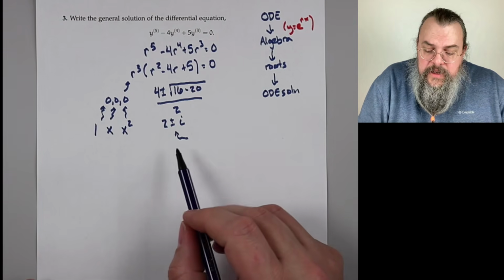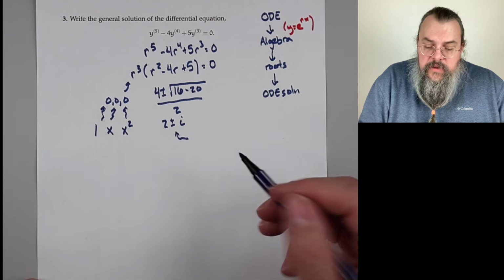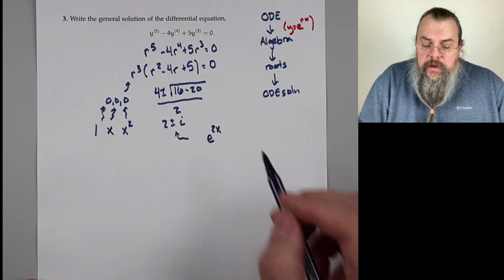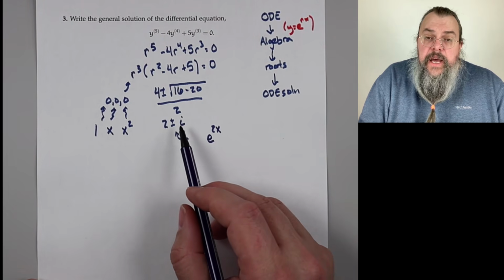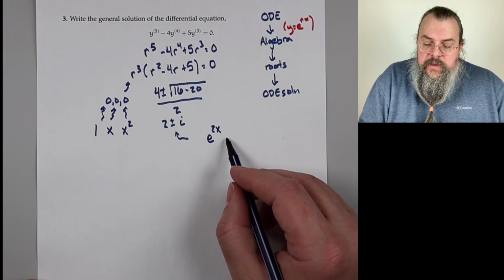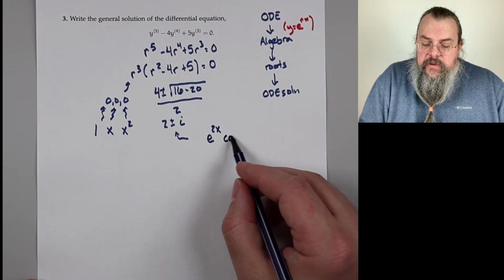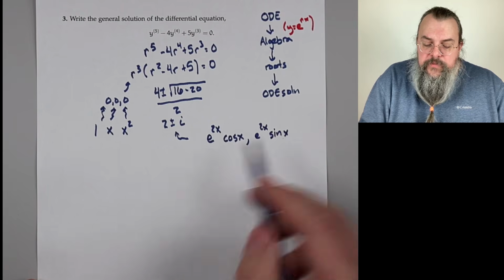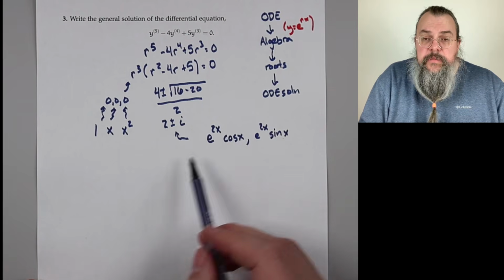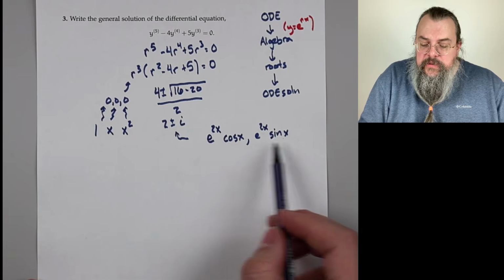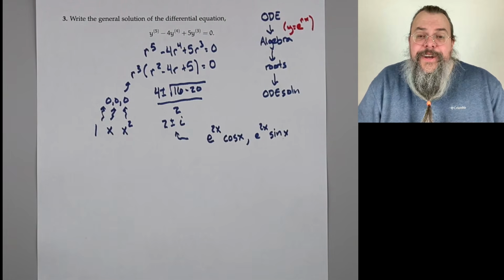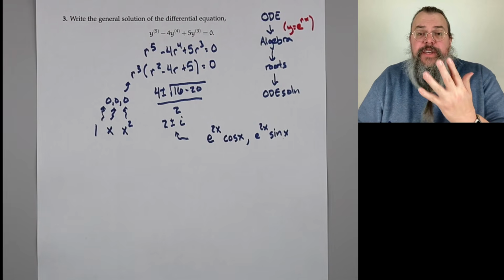What we have is that the real part, it's still the exponential part. So that's e to the 2x. But now, the imaginary part is going inside the cosine and the sine. So e to the 2x cosine x, e to the 2x sine of x. So the 2 goes inside the exponential. The 1 goes inside the cosine and the sine. All right, good. So now we have our 5 pieces.